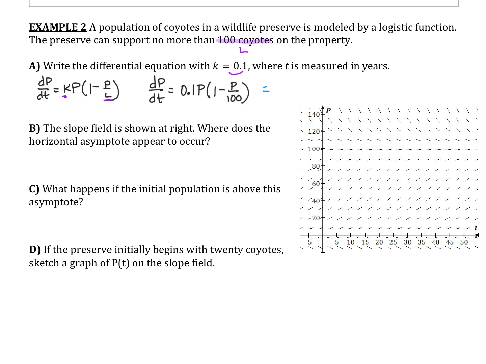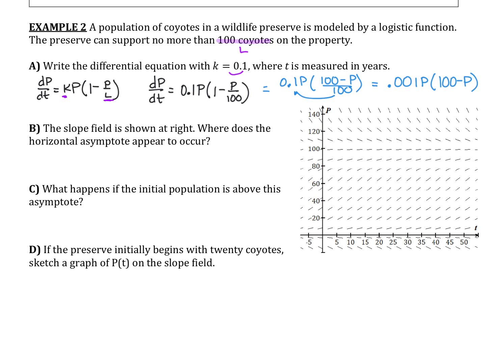It would look like 0.1P times (100 minus P) over 100. And if we multiply this out, this would give me 0.001P times (100 minus P). This is the same equation. So just keep in mind, you could see it written a little bit differently, but they say the same thing.